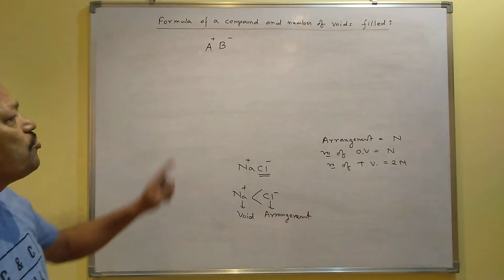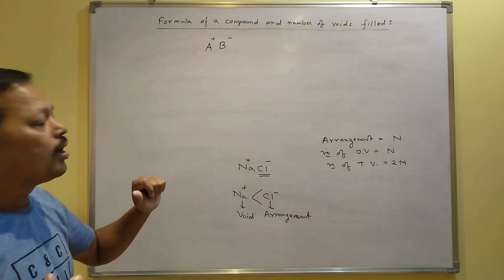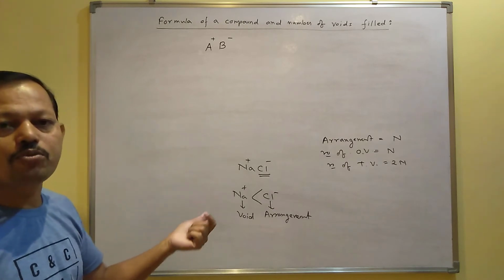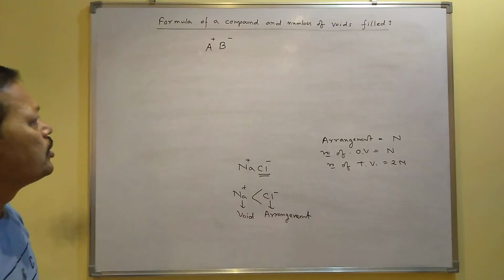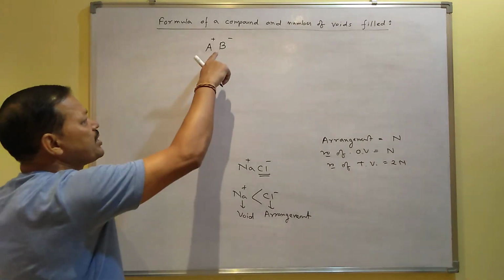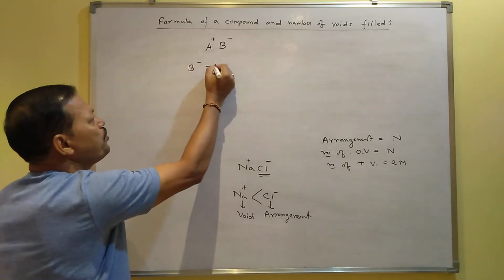If you want to find out who will adopt the arrangement, who will adopt the void, and which void it will adopt, whether octahedral or tetrahedral, then since normally anions are larger, the B minus ion should be in the arrangement.